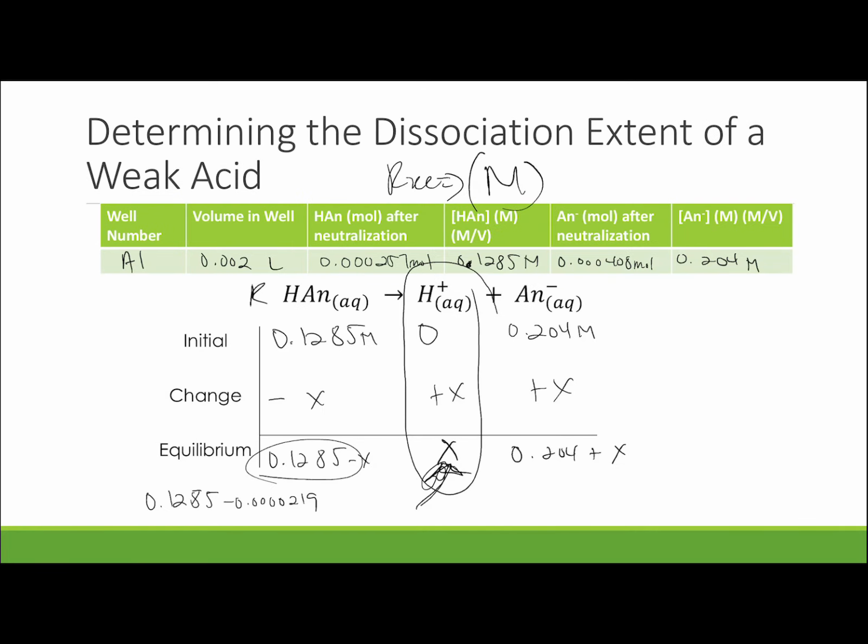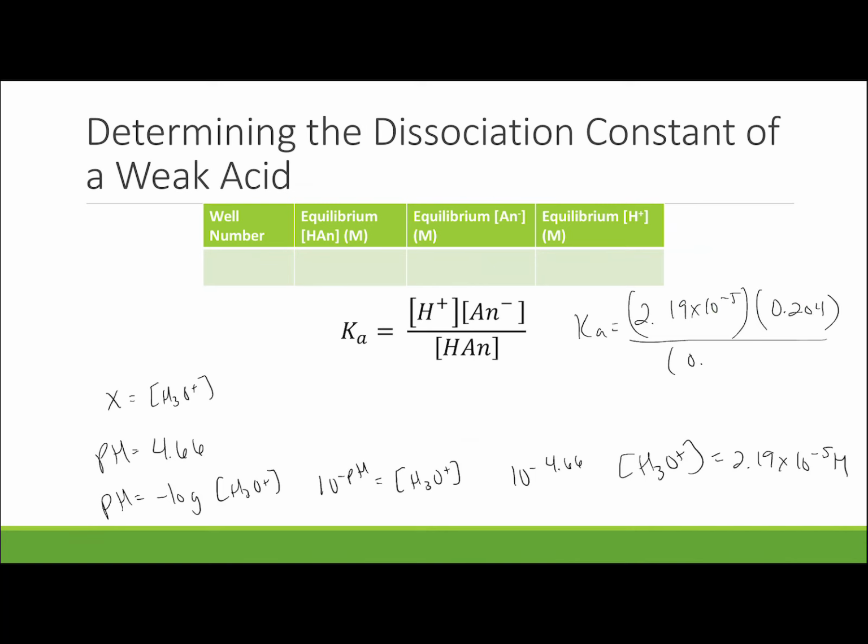And then our last concentration, 0.1285, for our weak acid. Okay, then we multiply all this out, and we get a Ka value equal to 3.47 times 10 to the negative 5.